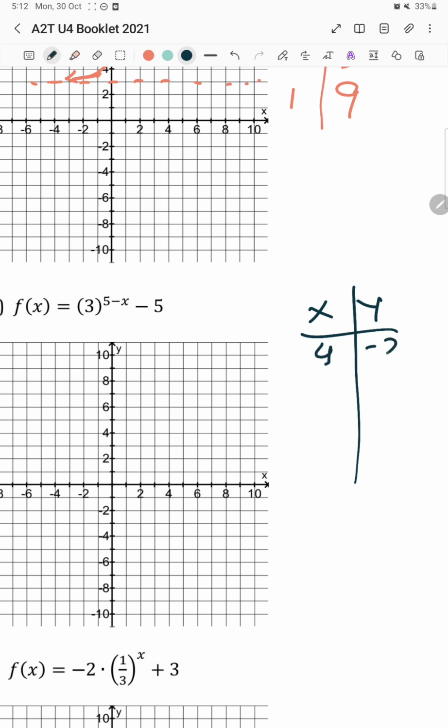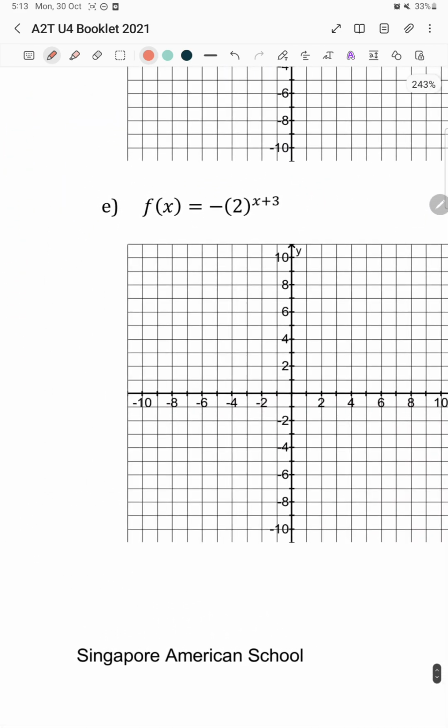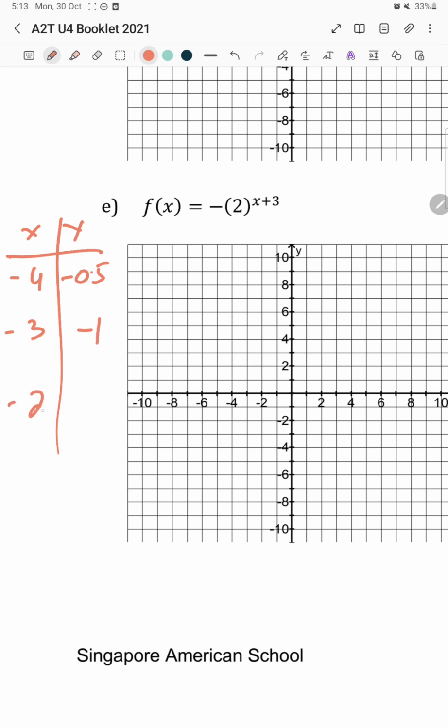For 4 it's going to be minus 2. So the graph is moving in this way, trying to approach 5, so this is the asymptote. Minus 4, it's going to be minus 0.5.